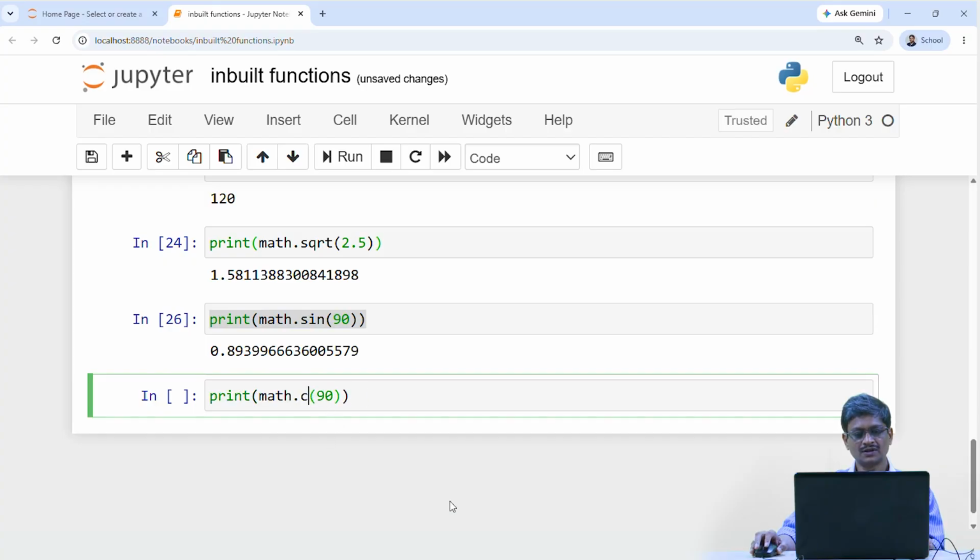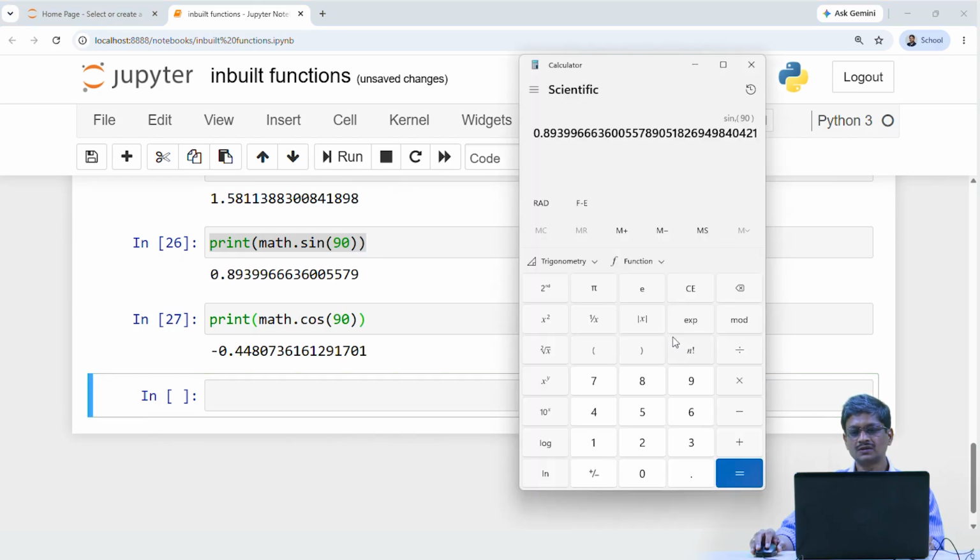So in place of sine, now we can have cos. Cos of 90, if you see, is coming out to be minus 0.48448. This is an incorrect answer because if I use degrees and then if I use cos, see I am getting cos of 90 degrees is 0, whereas here cos of 90 is coming out to be negative.